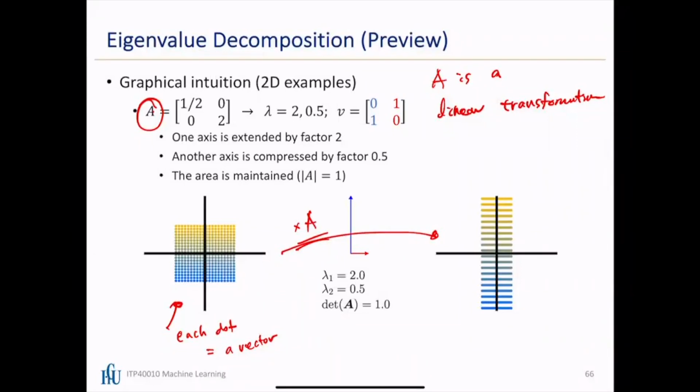It looks like things are narrower along the x-axis and wider along the y-axis. So what I'm saying is that a linear transformation can be understood geometrically in this way.